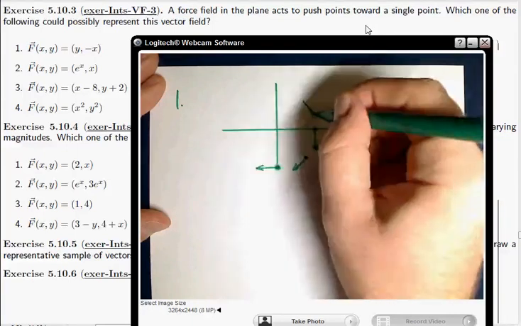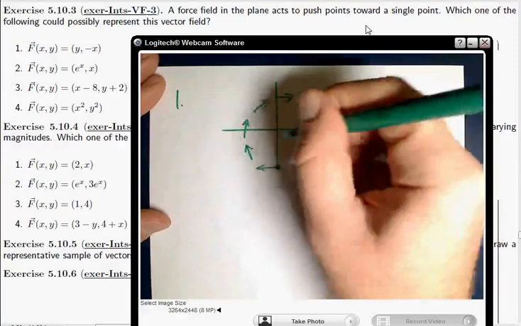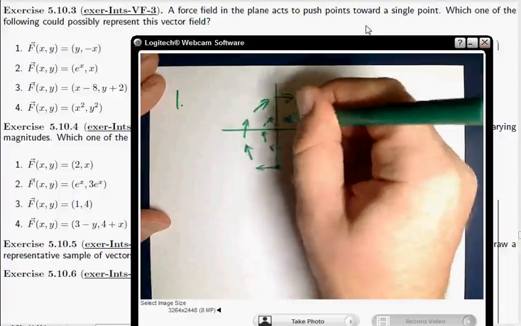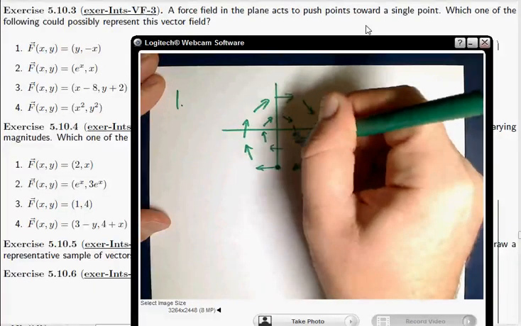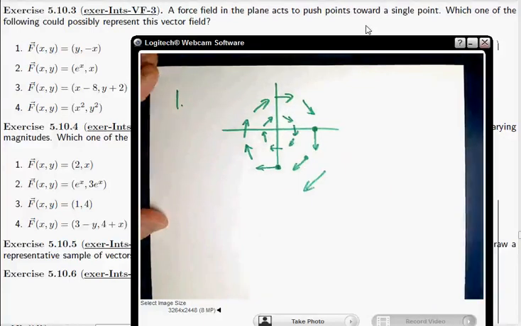This is a clockwise rotation field, and it's shorter closer to the origin, and longer further away from the origin. But this represents something that would look kind of like a flow around a point.